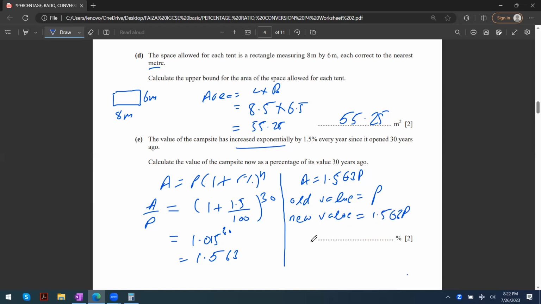So let's find the percentage. They say now as a percent of its old. Now is 1.563P, old is P, times 100. P will cancel with P. The answer will be 156%. New value as a percentage of old value, which was P. In 30 years, it has increased by 156%.